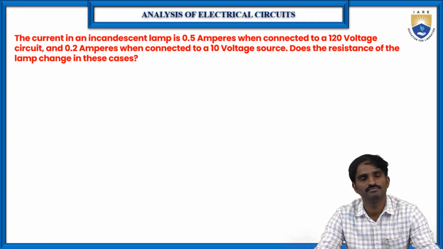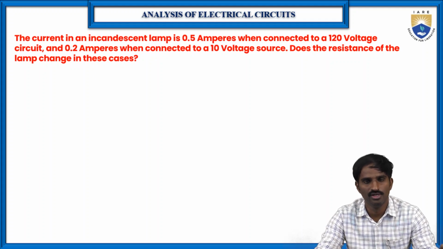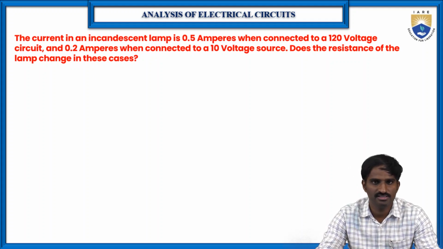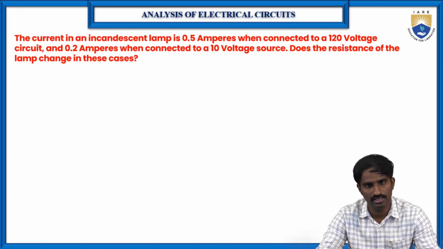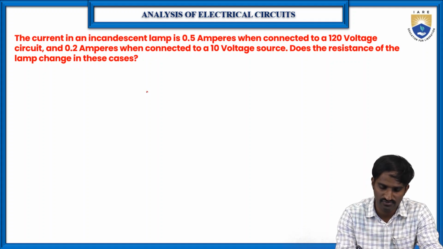Of course, definitely, because the lamp is nothing but the load, in terms of resistance. When the current is 0.5 amperes and it is connected to 120 volts, as we know, V is equal to IR. So from this, R is equal to V by I.